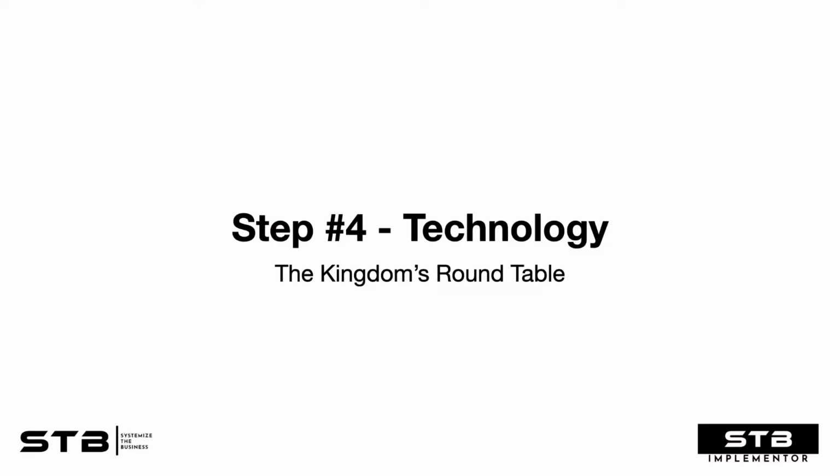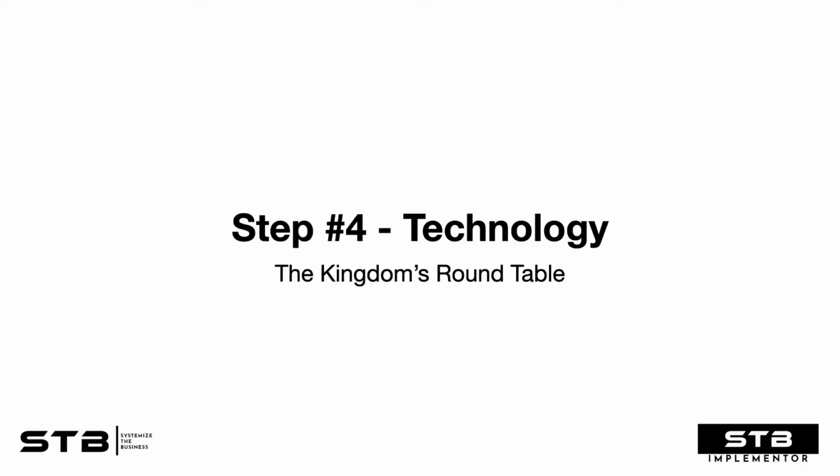Now, step 1 is figuring out who, what, where, how, and why you do what you do. Then we figure out the systems, we document it, figure out the steps, figure out the process, and then what we need to do is figure out what technology we're going to use.